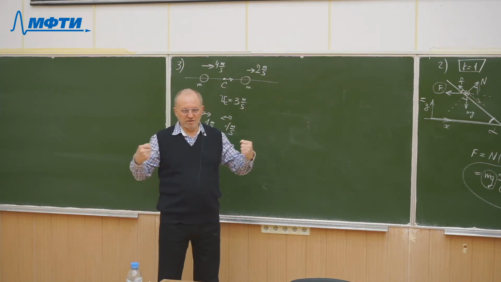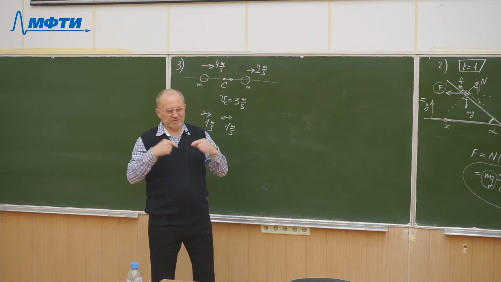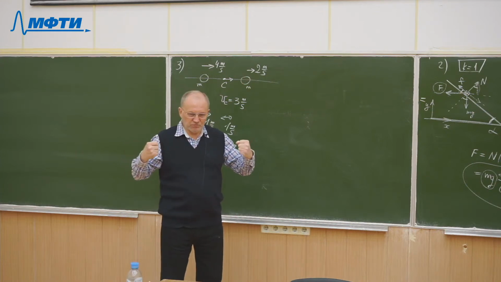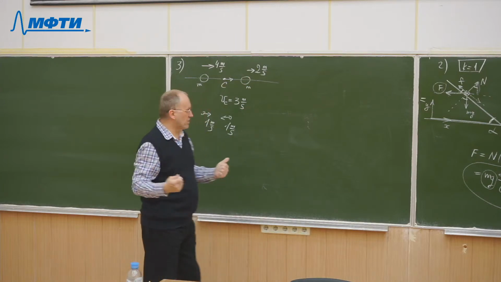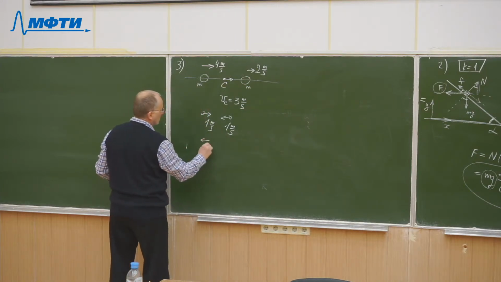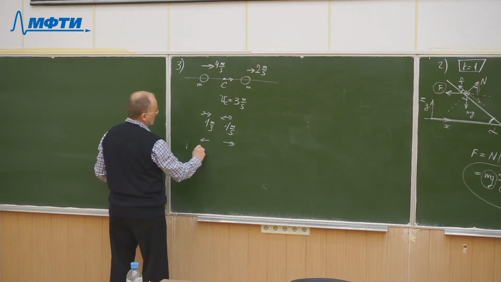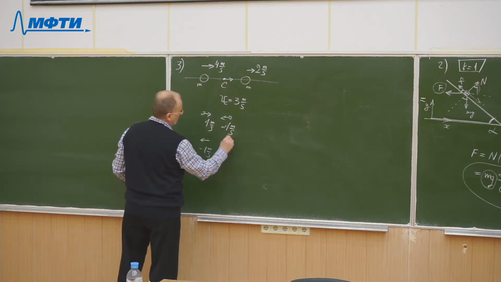In the reference frame of the center of mass, two balls move, collide, and then they move in opposite directions with the same velocities. So that will be minus 1 meter per second, and that will be plus 1 meter per second.